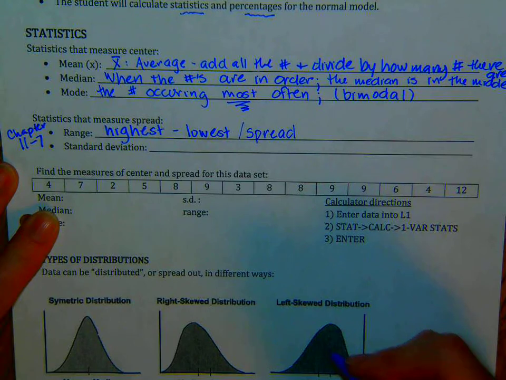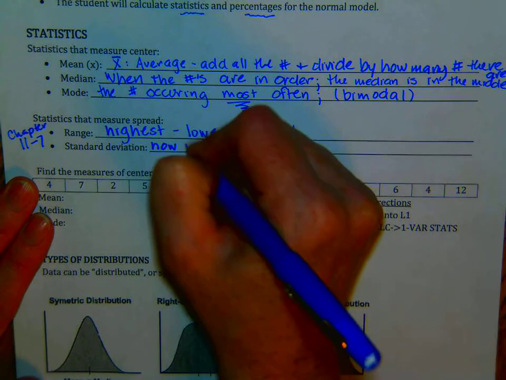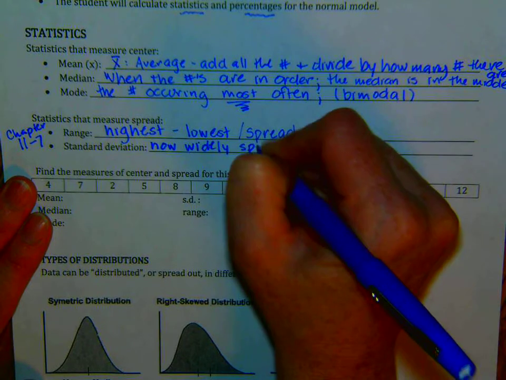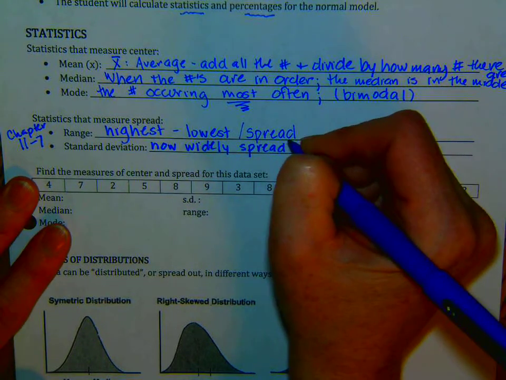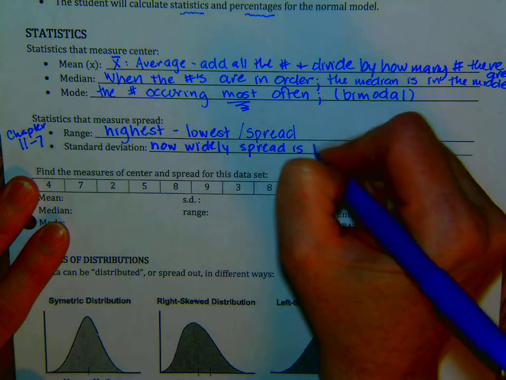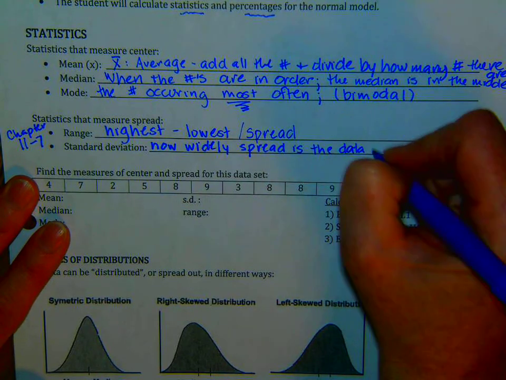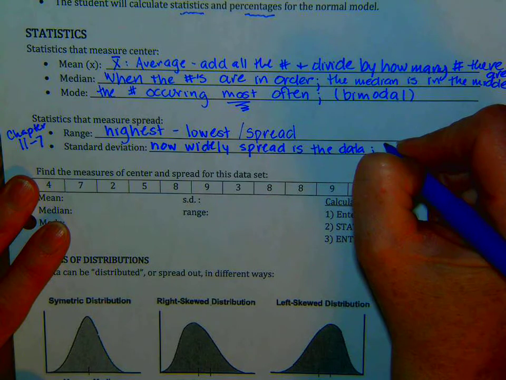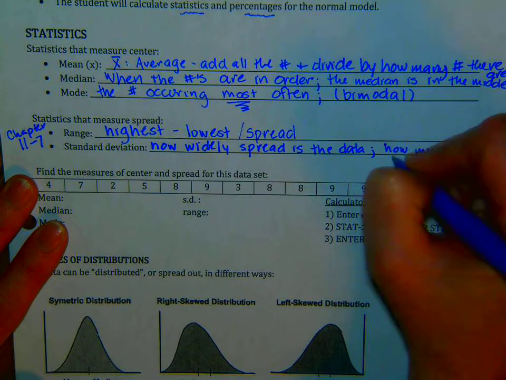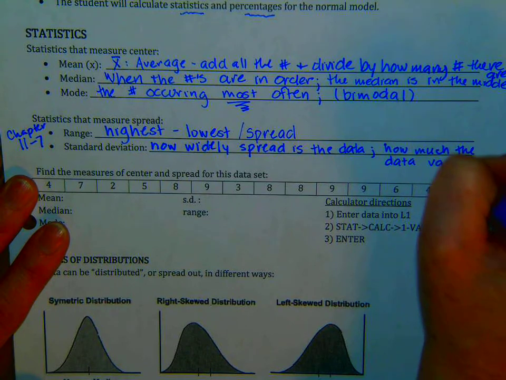Standard deviation is, we're talking about data, how widely spread the data is, or you can say it this way, how much the data varies. That is what standard deviation is all about.